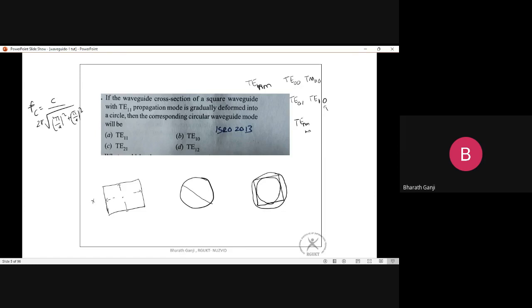Maybe what I will do is show you the mode patterns which we have seen already. Maybe from there you can get an idea regarding the answer. One minute.